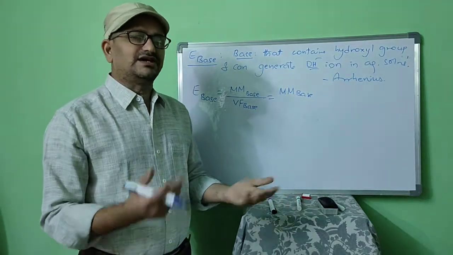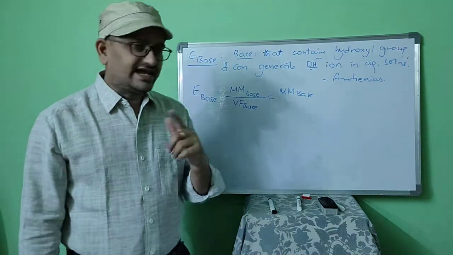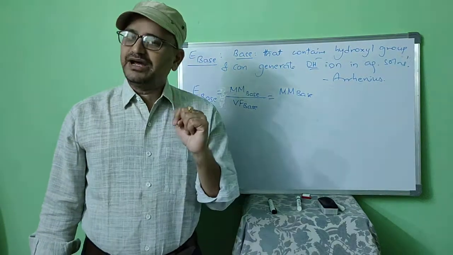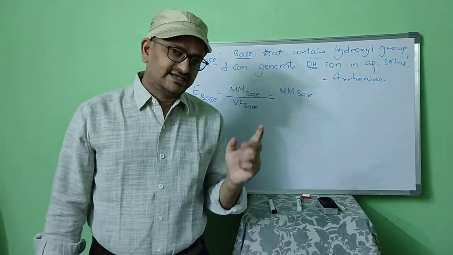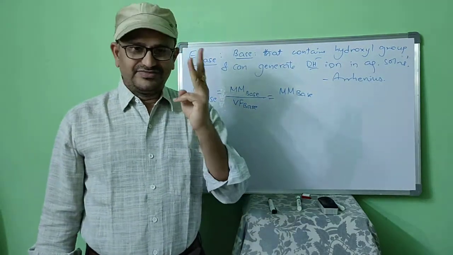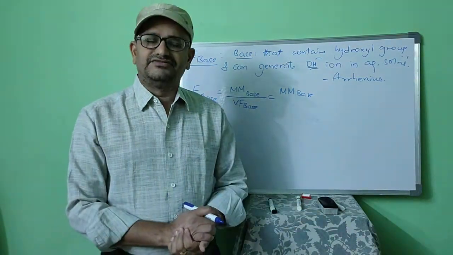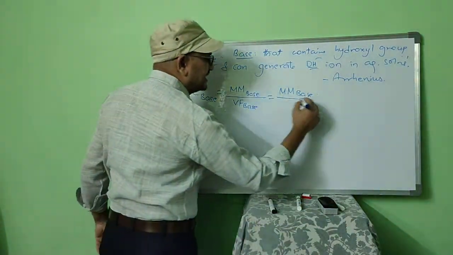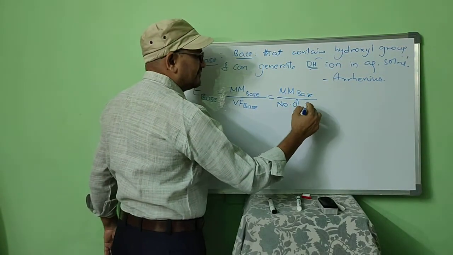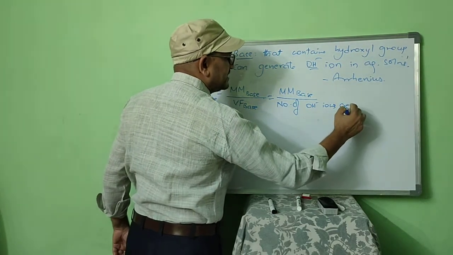This count itself is called the valency factor. Is that clear? Suppose sodium hydroxide, NaOH, is there. How many OH- ions can it generate? 1. Calcium hydroxide, Ca(OH)2. How many OH- ions can it generate? 2. Aluminium hydroxide, Al(OH)3. So that itself is called the valency factor. So molecular mass of base over the valency factor of a base, which means the number of OH- ions generated by a base.